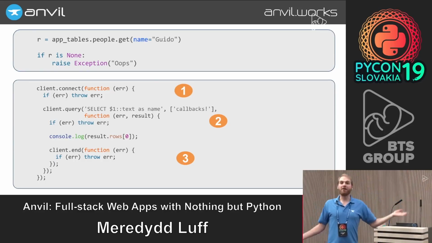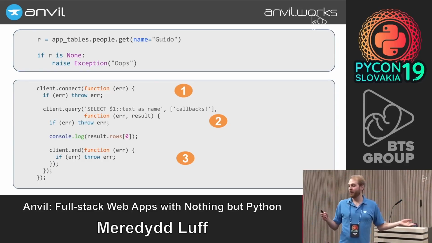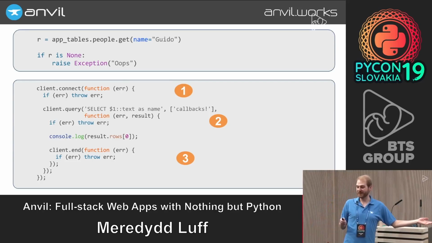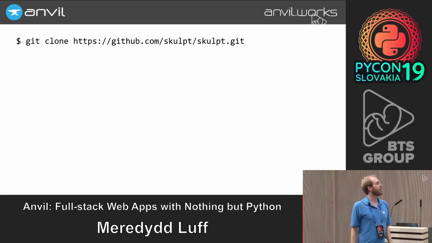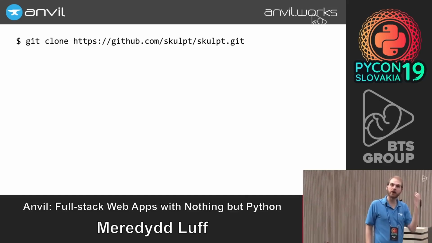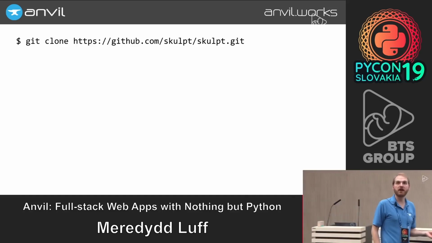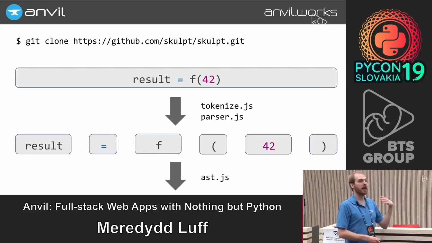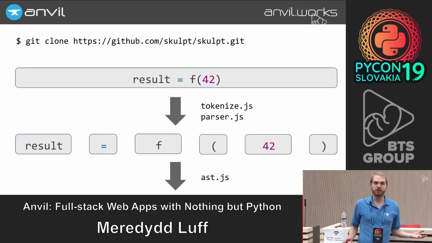But we have a Python to JavaScript compiler, so we could translate that automatically, right? So let's git clone and get going. It turns out that Sculpt has a classic compiler architecture based, unsurprisingly, on CPython. So what you do is you take a Python expression or module.